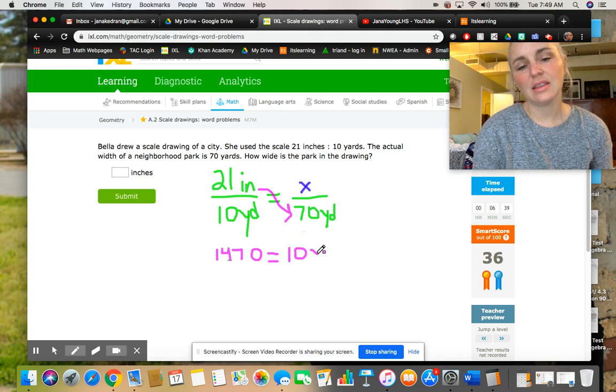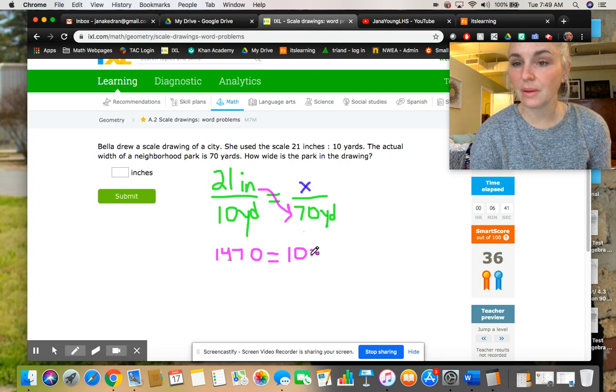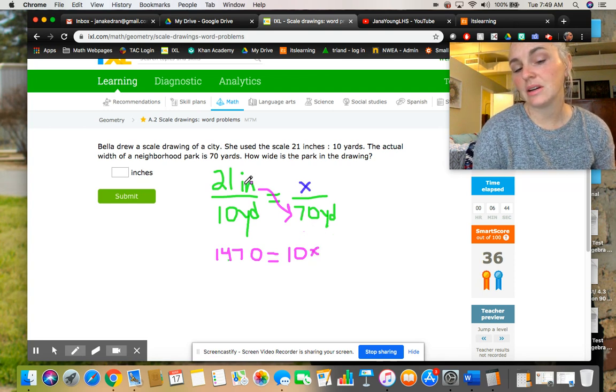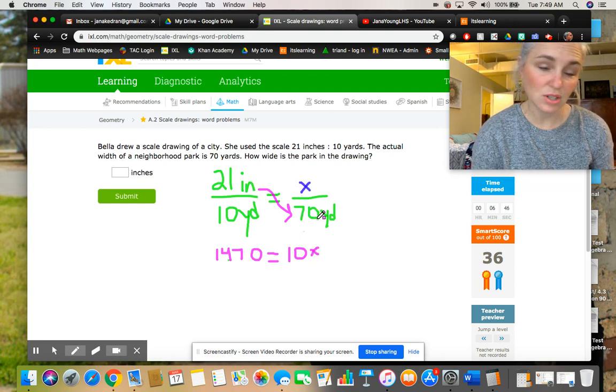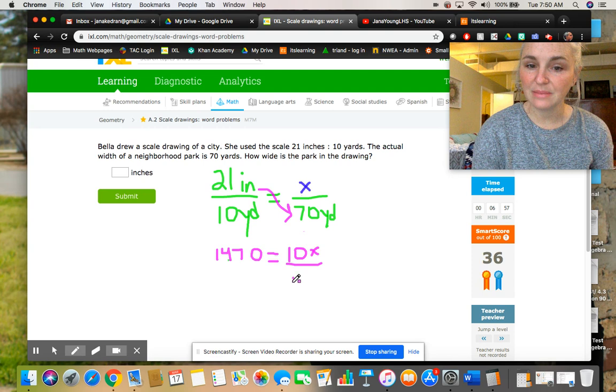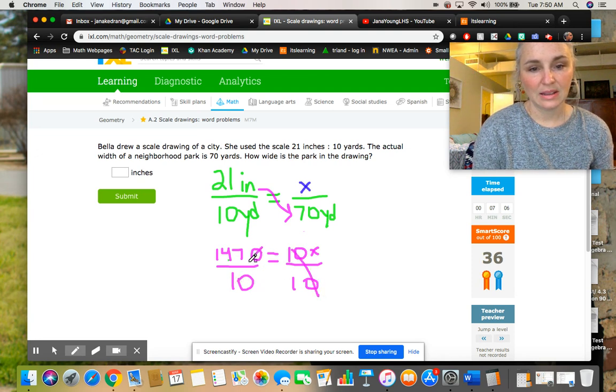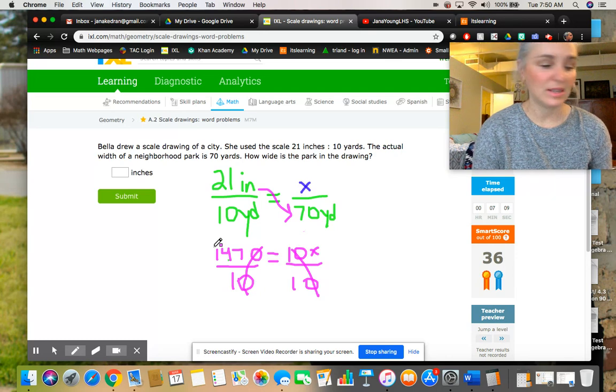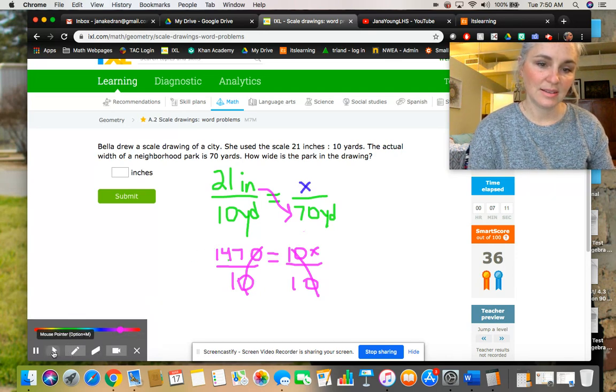And I think you've done this at this point in chemistry, but what would happen with my units here is I would have inch yards, which doesn't make any sense, but then I would come back and divide by yards, and my yards would go away and I'd be left with inches, okay? Divide by 10, divide by 10, and I'm left with 147 inches.